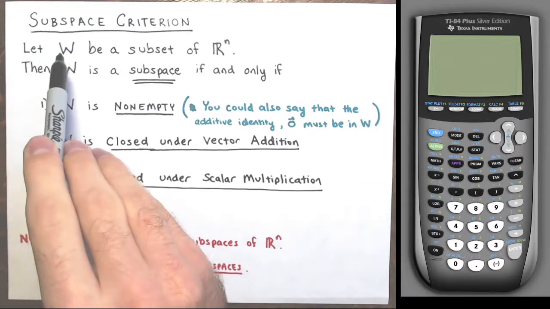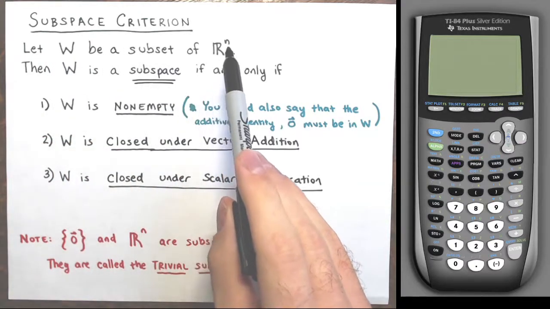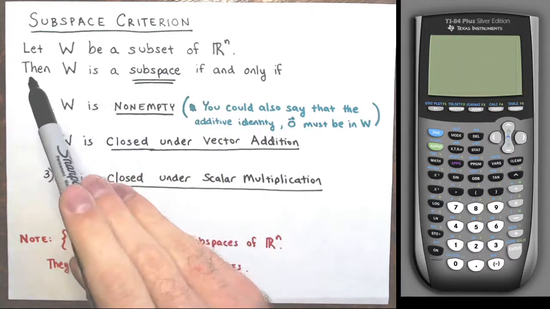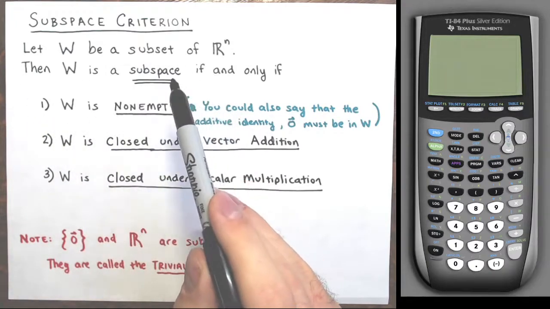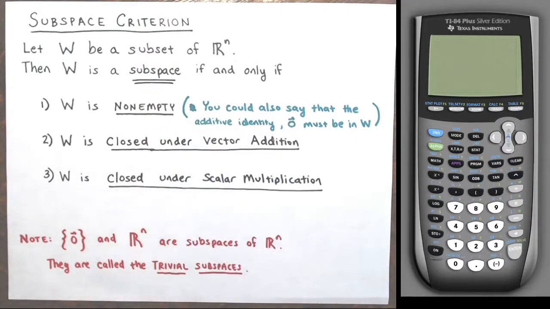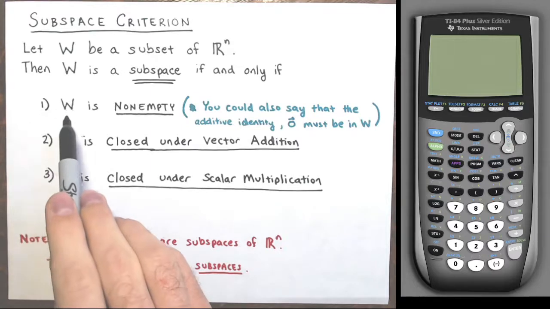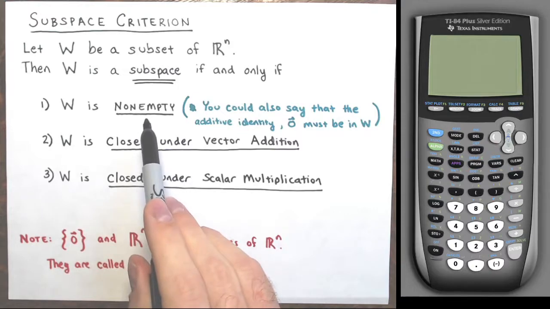So suppose W is a subset of Rn, then we would say that W is a subspace of Rn, or a subspace, if and only if the following three hold.